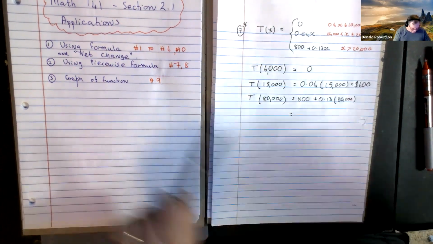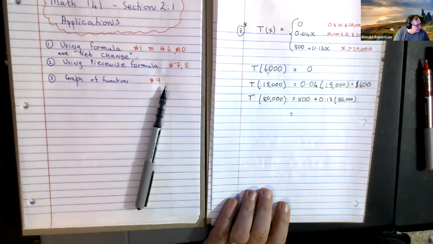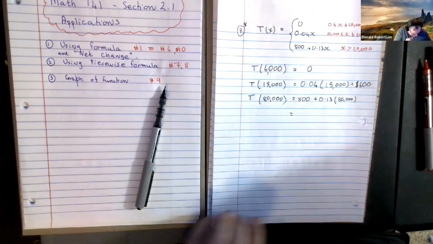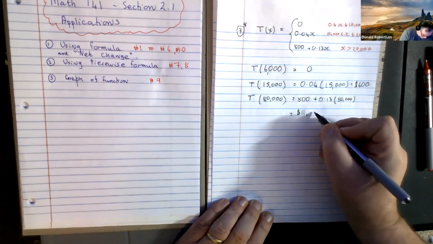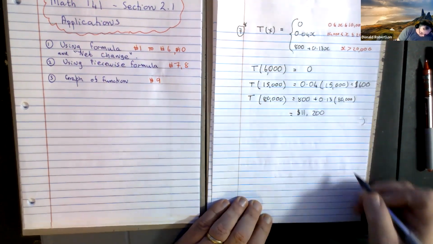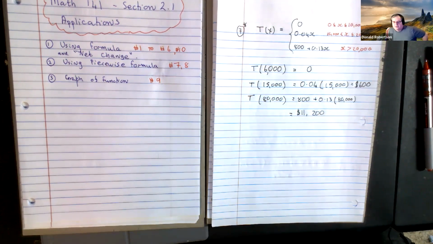And again, I'm just going to hit the buttons in the calculator and come up with the result. 800 plus 0.13 times 80,000. And this poor person is going to pay $11,200 in tax. So do you see how the piecewise function is really 3 formulas?